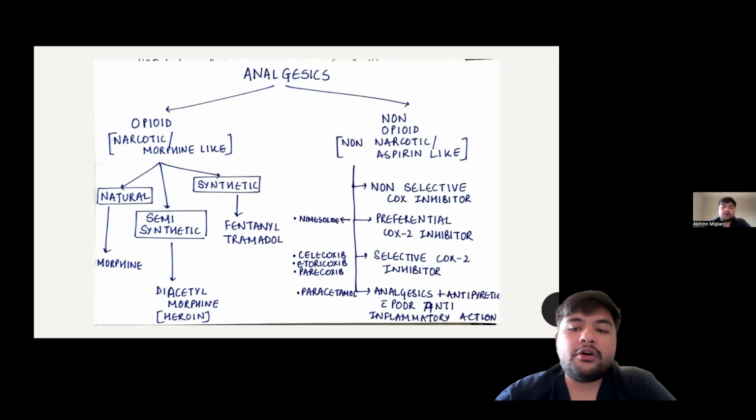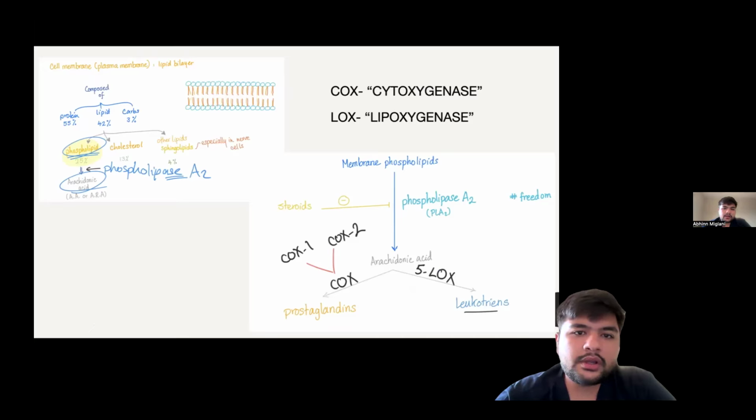The main example of preferential COX-2 inhibitors is nimesulide, which is less commonly used nowadays. The selective COX-2 inhibitors are also known as COXIBs. Three are commonly used: celecoxib, etoricoxib, and parecoxib. And the favorite of all the doctors, paracetamol, is an analgesic, antipyretic with poor anti-inflammatory action.